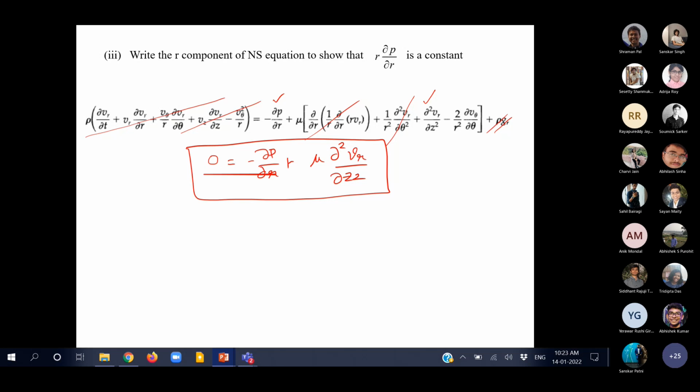Okay. So I can also multiply both sides by R and make it R del P del R is equal to mu times del square R VR by del Z square.